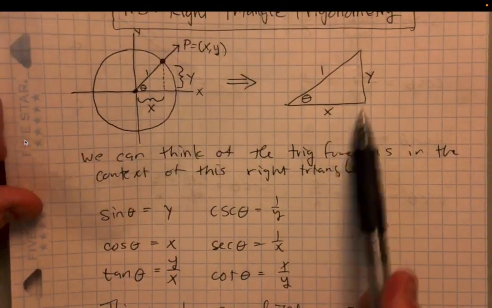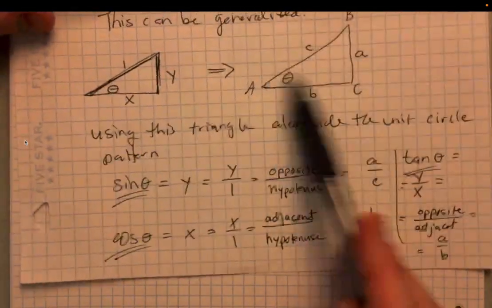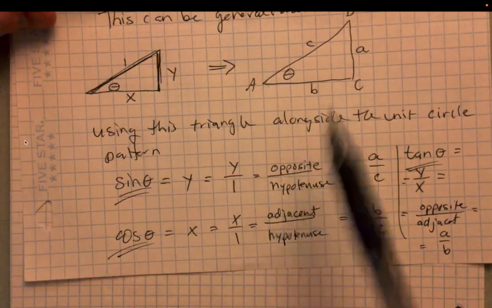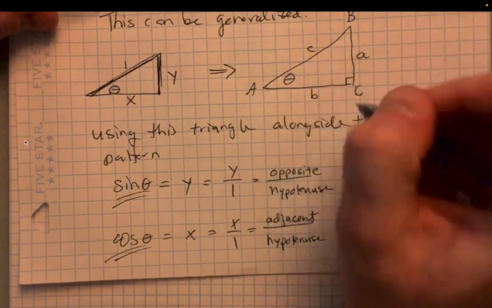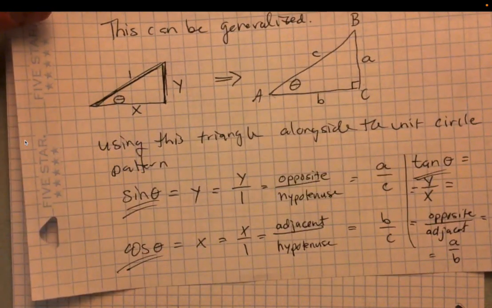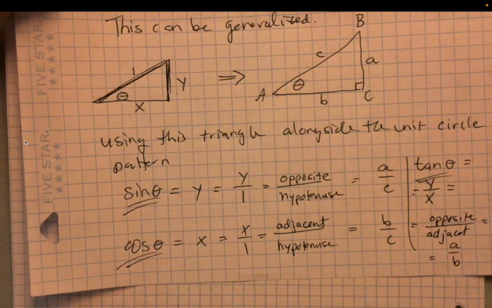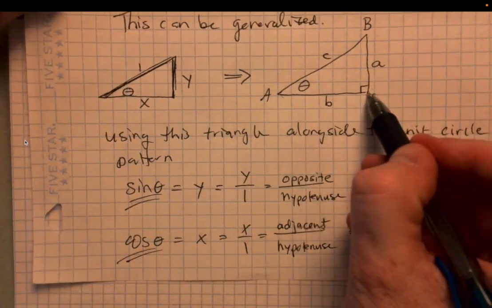And then the pattern that we use to define the trig functions in the context of the unit circle can be extended and generalized to any right triangle. Okay. The key here is that this is a right triangle. It's got a 90-degree angle. Right. So theta can be any angle under the sun, but this has to be a 90-degree angle. Okay, very good.